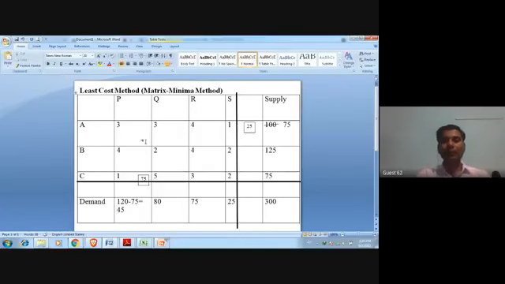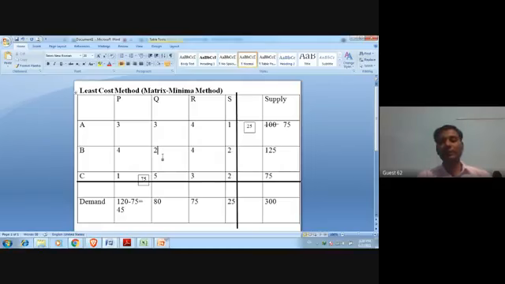Which cost is minimum? This 2 is minimum among the left cells, because in AP cost is 3, in AQ the cost is 3, in AR cost is 4, in BP cost is 4, in BQ cost is 2, and BR the cost is 4. So this 2 is minimum.